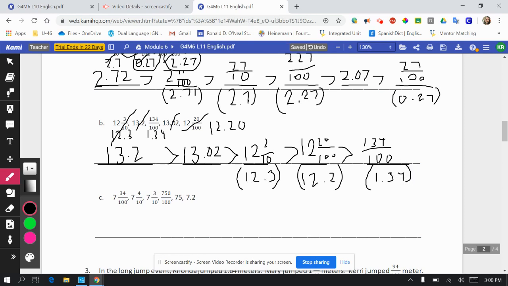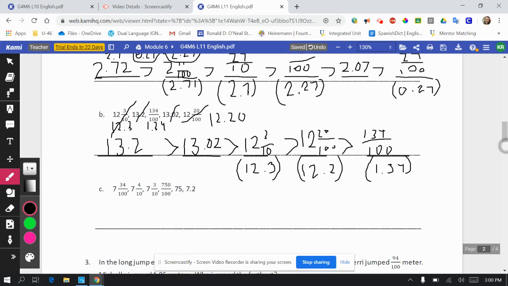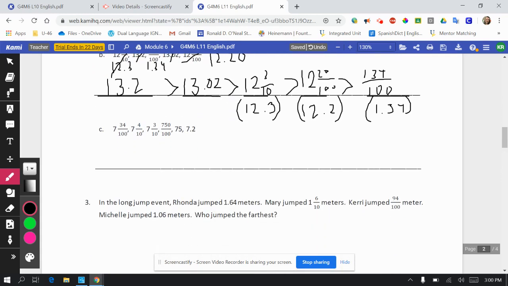There we have it. All right, letter C, definitely give this one a try on your own before we move on.